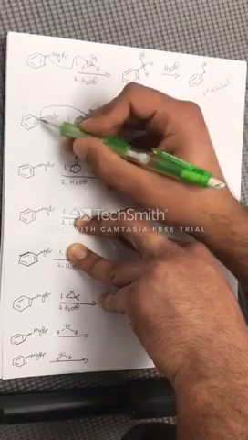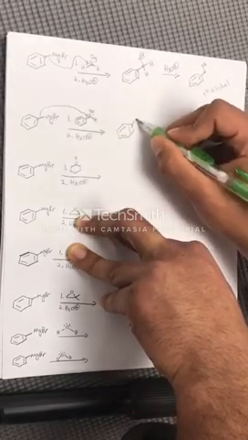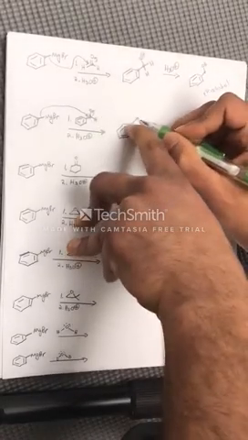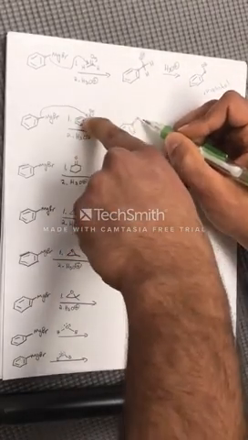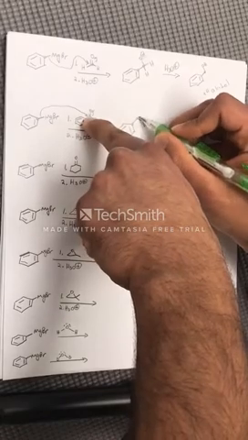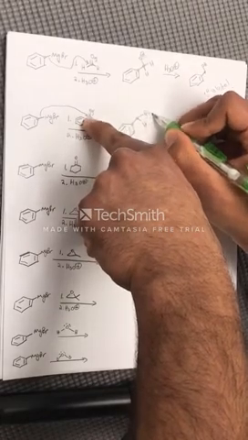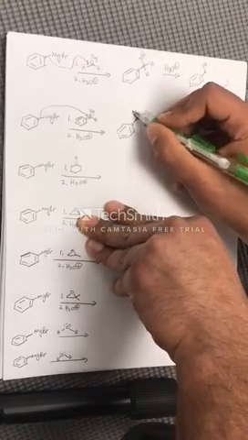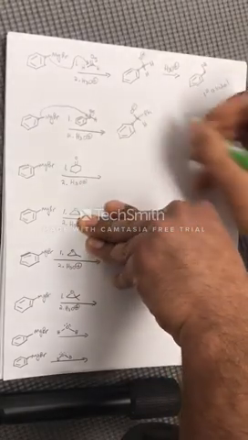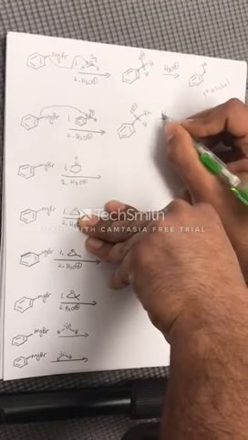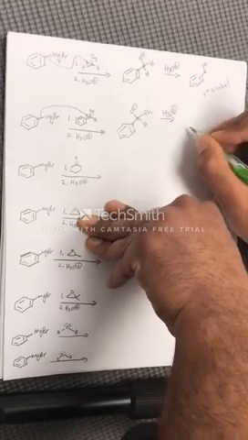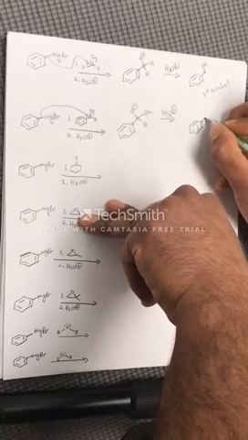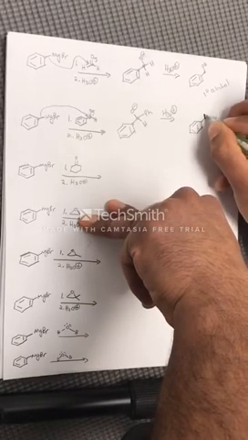And this carbon, which is the nucleophile, is now attached to this carbon, which is the electrophile. The electrophilic carbon has a hydrogen, a phenyl, which is this benzene, and an O-. After the protic workup, you get a secondary alcohol.